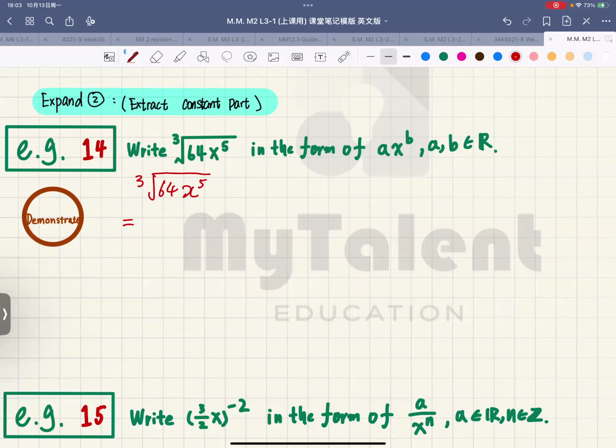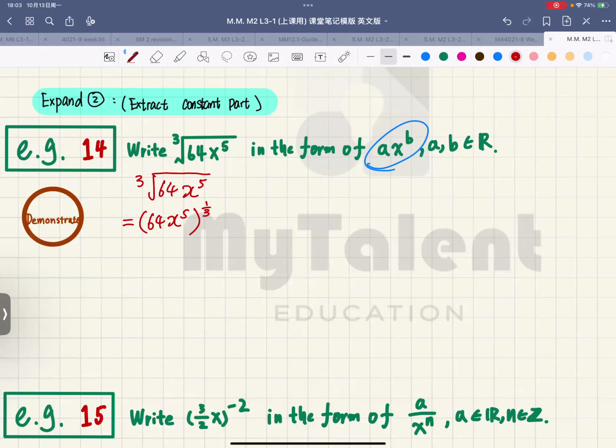We can write it in a different form, because the form required is this. That's the form the question is asking for. So we need to write it in power form. So it's equal to (64x to the power of 5) to the power of 1/3, right?